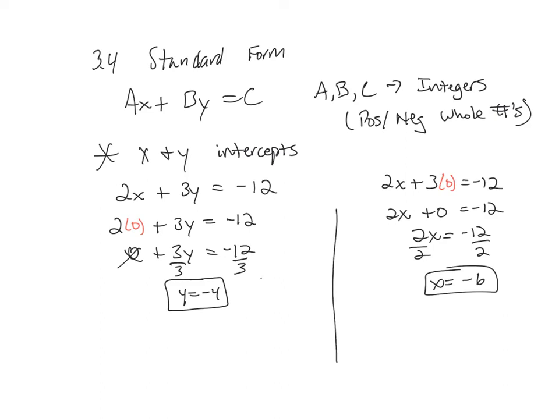So some of the problems might just ask you, what are the intercepts, and you're done. If it asks you to graph, very simply, on the y-axis, go to -4. On the x-axis, go to -6. And then just connect the two dots together.